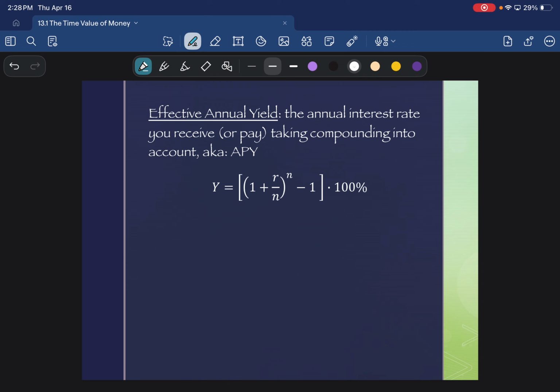You'll hear those phrases. The formula is written as Y equals, and then in brackets we have 1 plus R over N to the N. We subtract the 1, and we multiply by 100. This piece right here is straight out of our compound interest formula.